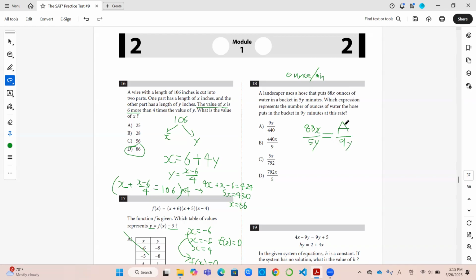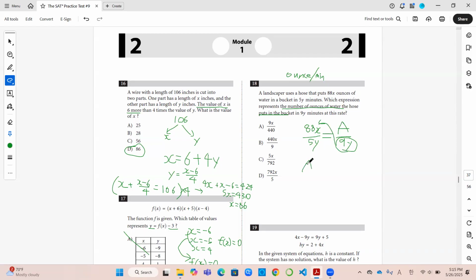And I'm solving for this a because I'm trying to determine the number of ounces of water the hose puts in the bucket. So all I got to do is bring this 9y over here by multiplying it.